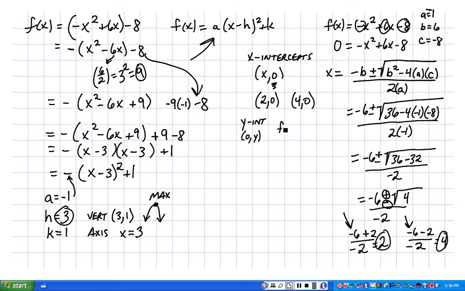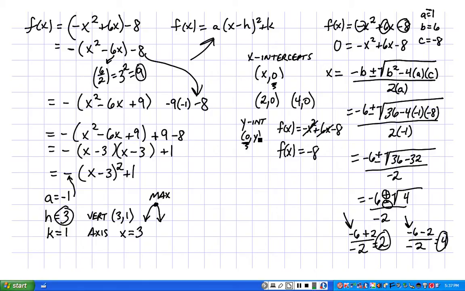And again, our initial problem was this right here. And if you make x 0, that would disappear because x is 0. Negative 0 squared is just 0. If x is 0, 6 times 0 would just disappear. So you just be left with f of x equals negative 8 if x is 0.